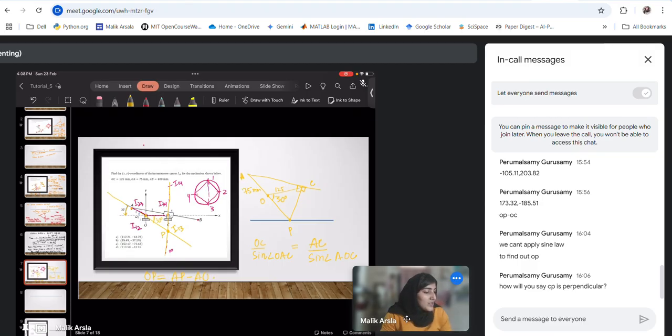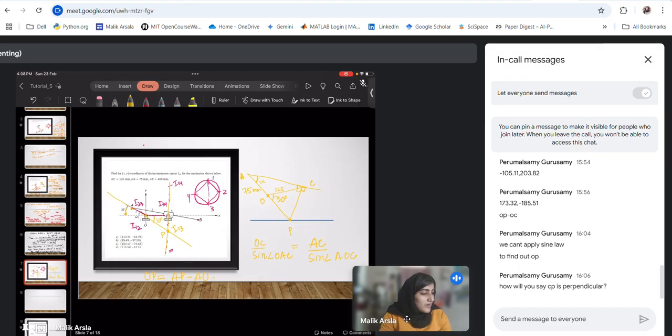So from here, what we can do is calculate AC. We know that this AC is basically AP's cos component. Why? Because this here is perpendicular. If we call this angle alpha, you can write AP cos alpha is equal to AC.